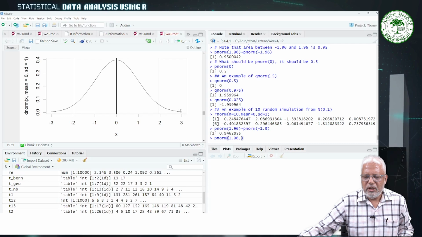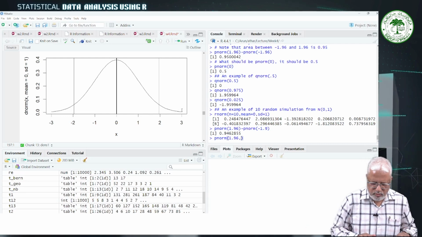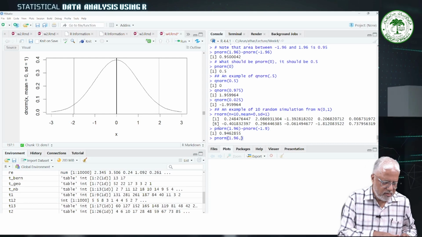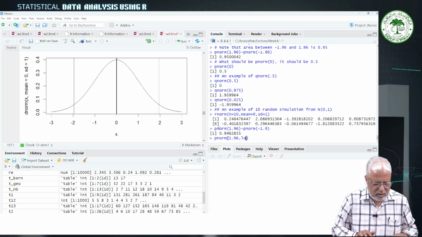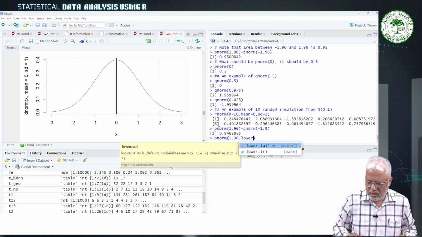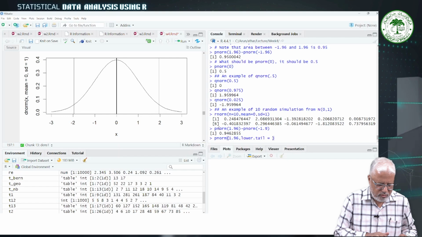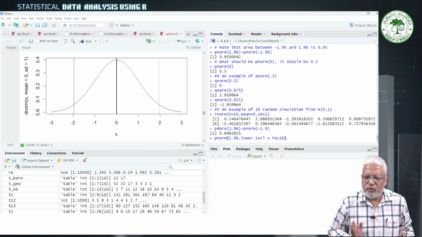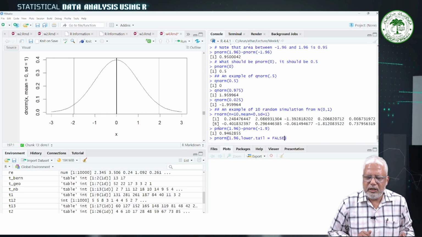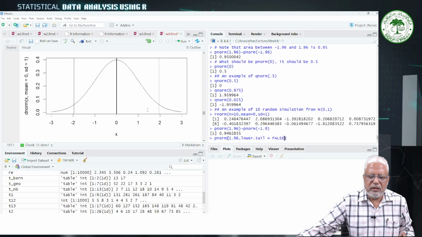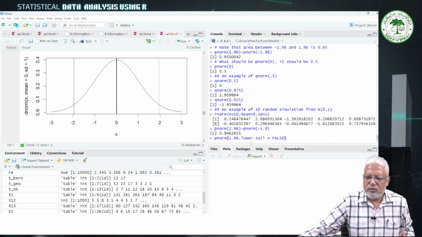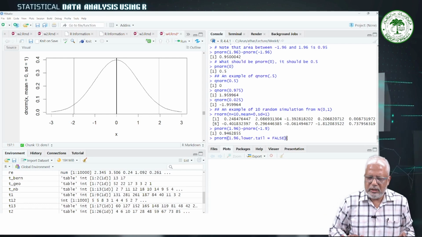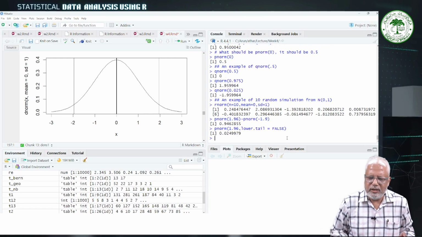But here we have to give the additional argument lower.tail is equal to FALSE, because by default it computes the area less than, but if we want the area greater than this, we have to write lower.tail is equal to FALSE, so it will compute the area greater than, and it is 0.025.